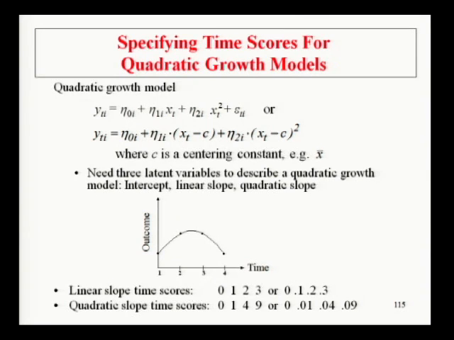So here our linear slope time scores are 0, 1, 2, and 3. And it's very simple to create the time scores for the quadratic growth factor. You just square the linear growth factor time scores. So 0, 1, 4, and 9.